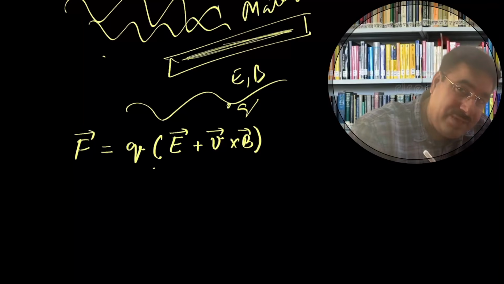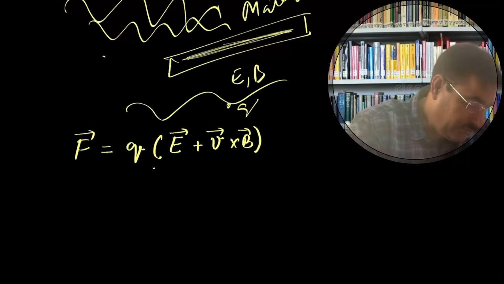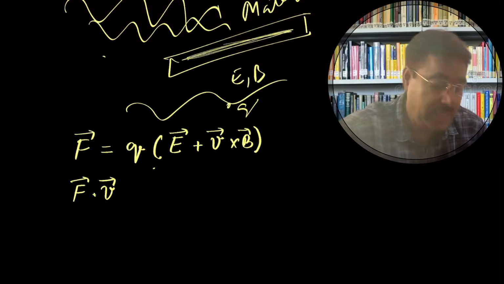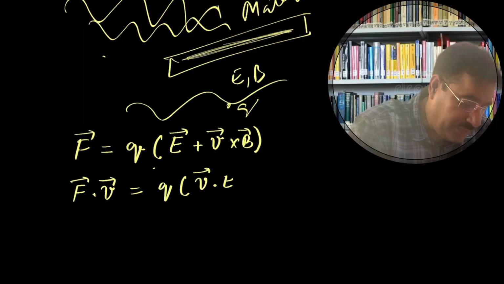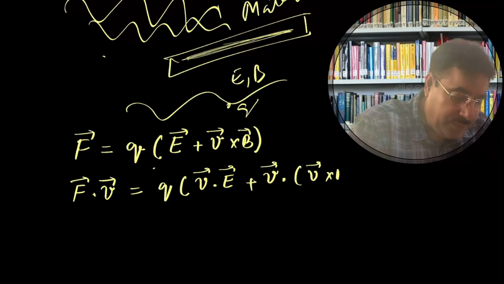Now I want to see how much power is delivered to the charge. For that, you know how to calculate power from force: take the dot product with the velocity. So that would give me q(v dot E plus v dot (v cross B)).